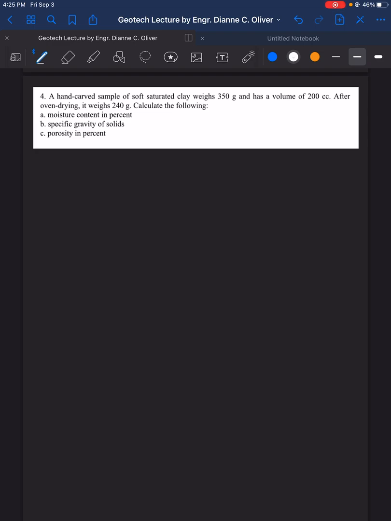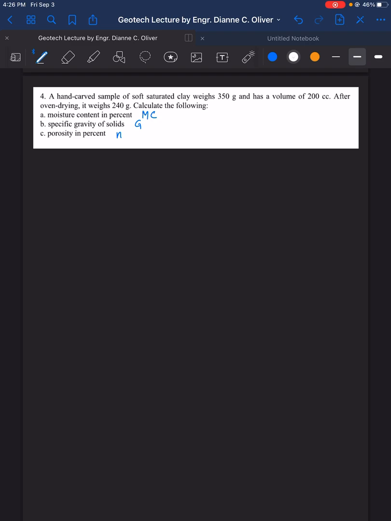Calculate the following: the moisture content in percent, the specific gravity of solids, and the porosity in percent. What is missing here is the moisture content, MC, specific gravity, G, and the porosity, N. Remember also the symbols of these terms.